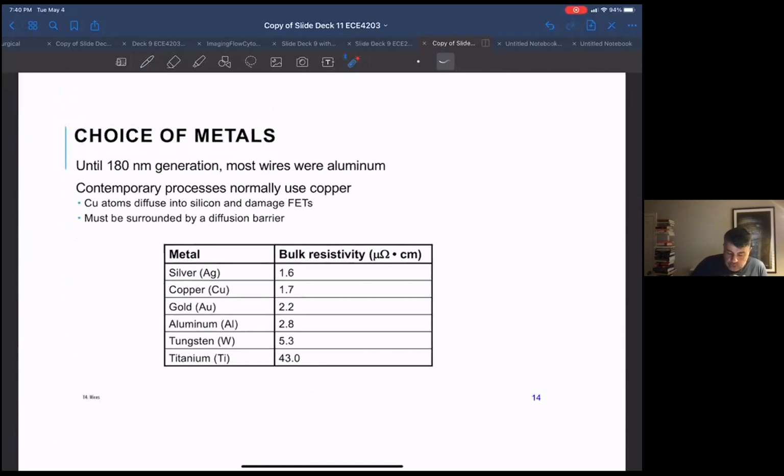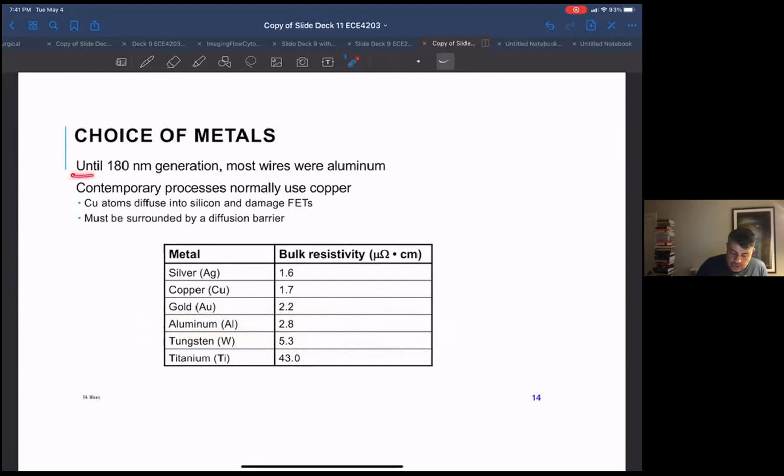Okay, so there are a few different choices of metals on a silicon chip. Basically you're left with aluminum, which is the classic, what people were using for many years, and they still use it for some of the top layers.